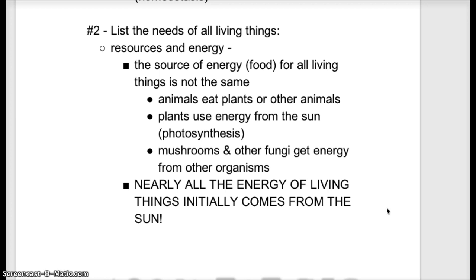So there, in capital letters, remember this, nearly all the energy of living things initially comes from the sun. All right, so we have characteristics, number 1, of living things that we listed. And number 2, another objective for this lesson is defining their needs or listing their needs.